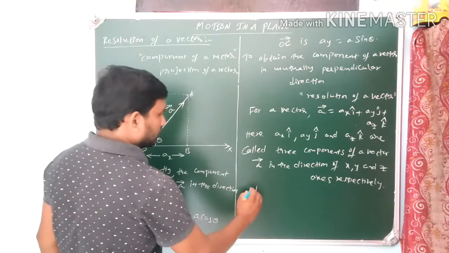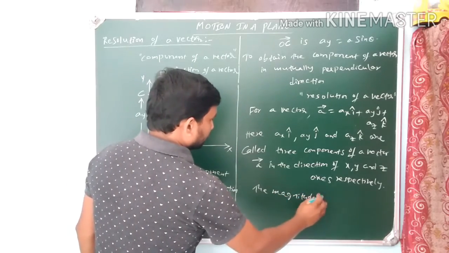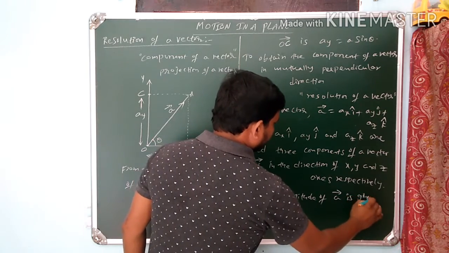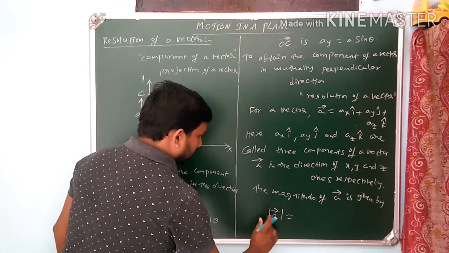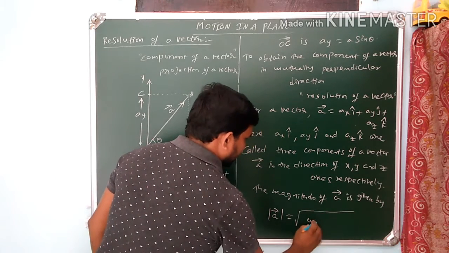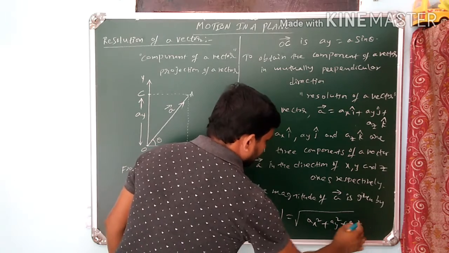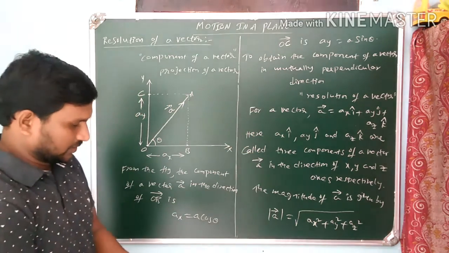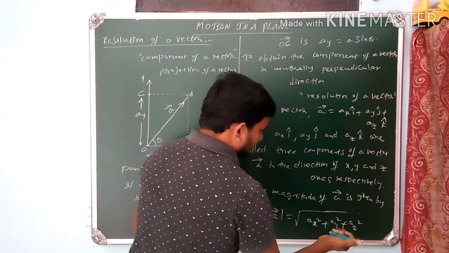Now the magnitude of A bar is given by mod A bar equal to root over AX square plus AY square plus AZ square. This is the magnitude of the vector.